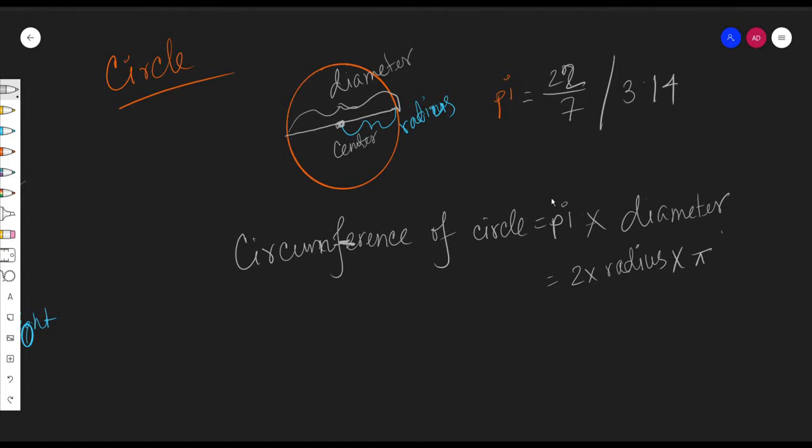So the circumference we can say is twice pi r.